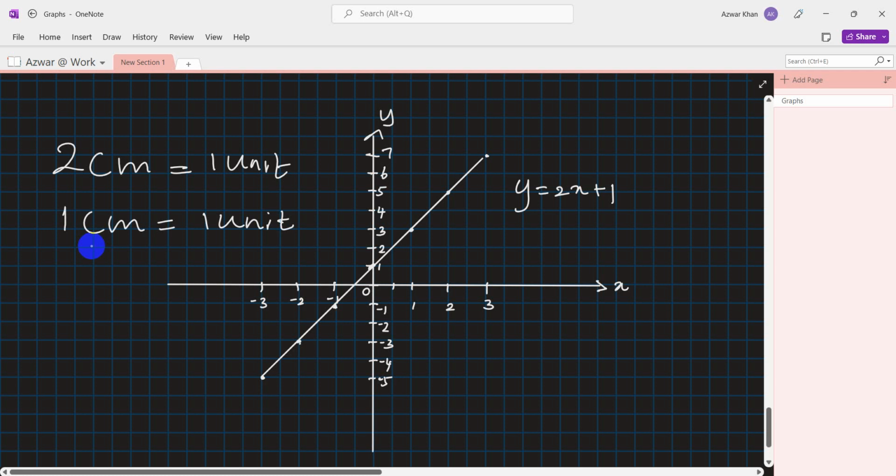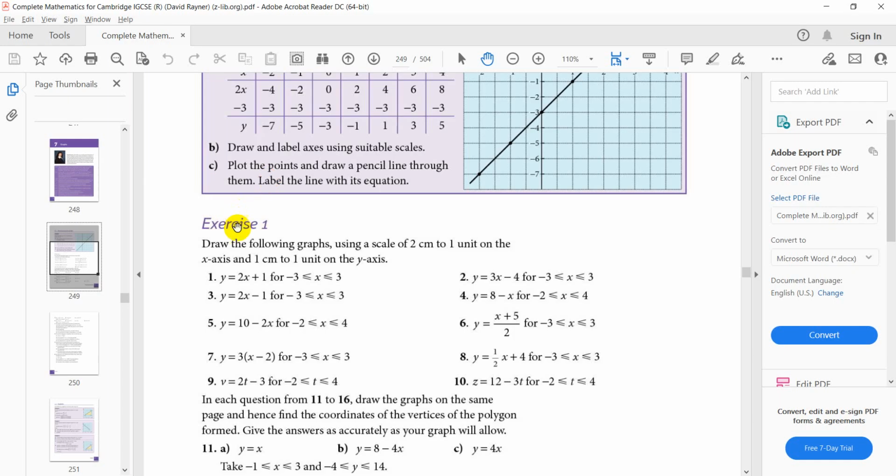This is how they will mention it in the questions. If it is not mentioned, you can draw with your own scaling. If it is specifically mentioned, you have to follow the instructions given. So you can try this exercise 1. There are 10 questions highlighted. You can try these questions.